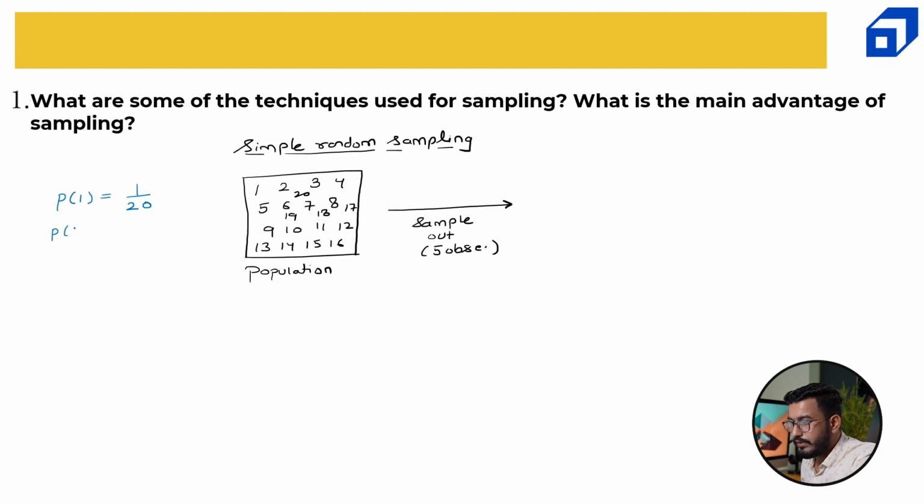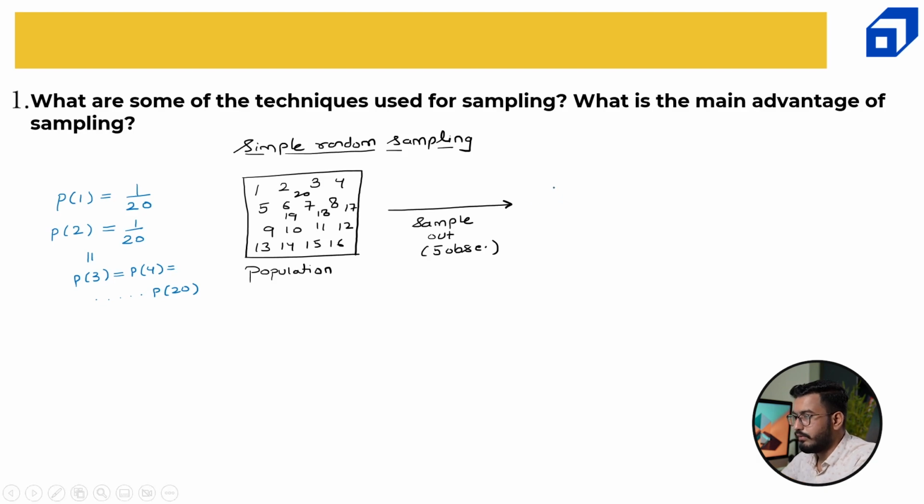The probability of data point number 2 getting selected into the sample is 1 divided by 20. And this is also equal to the probability of data point number 3, data point number 4, and so on for all the 20 data points.